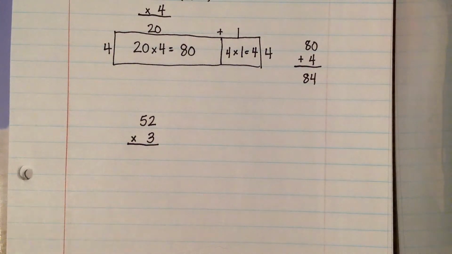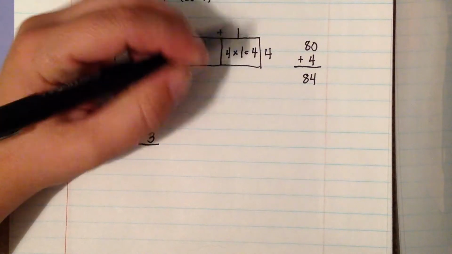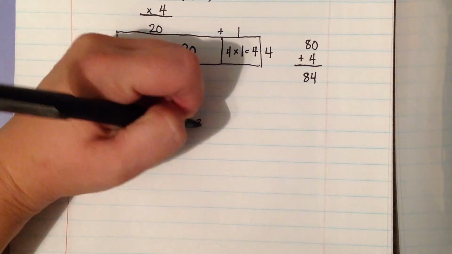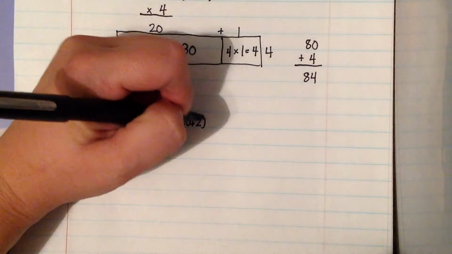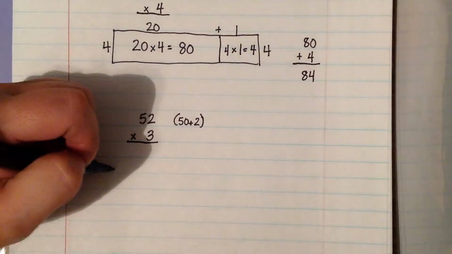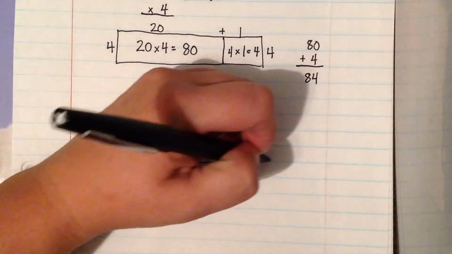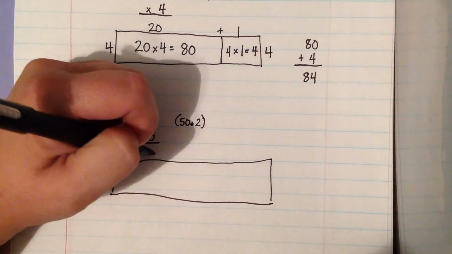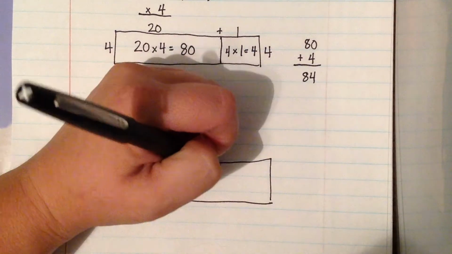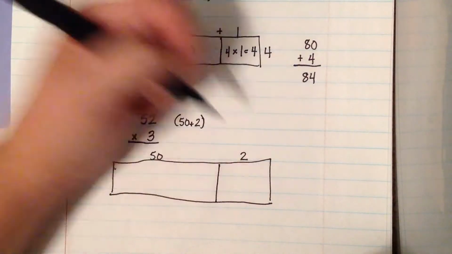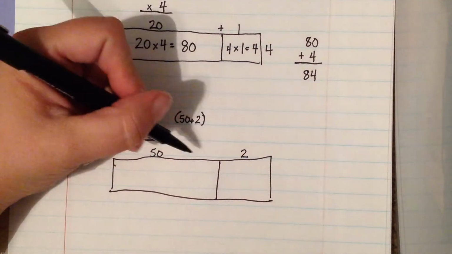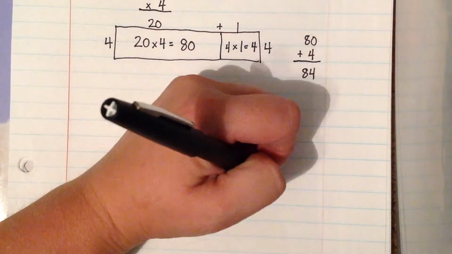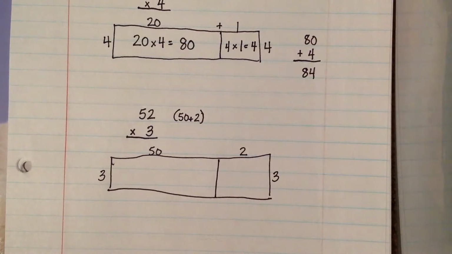Remember, I'm going to do expanded notation of my top number, which is 50 plus 2. I'm going to draw my box just like I did before. This side is going to be 50 and 2. My 3 is going to go on my vertical on both sides. That's going to help me remember.